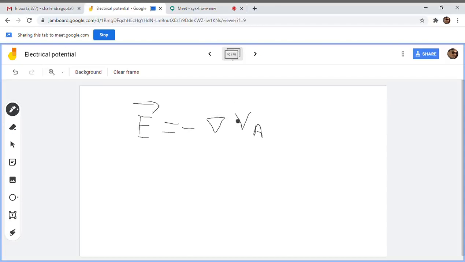So we need the formula for gradient in the spherical coordinate system.